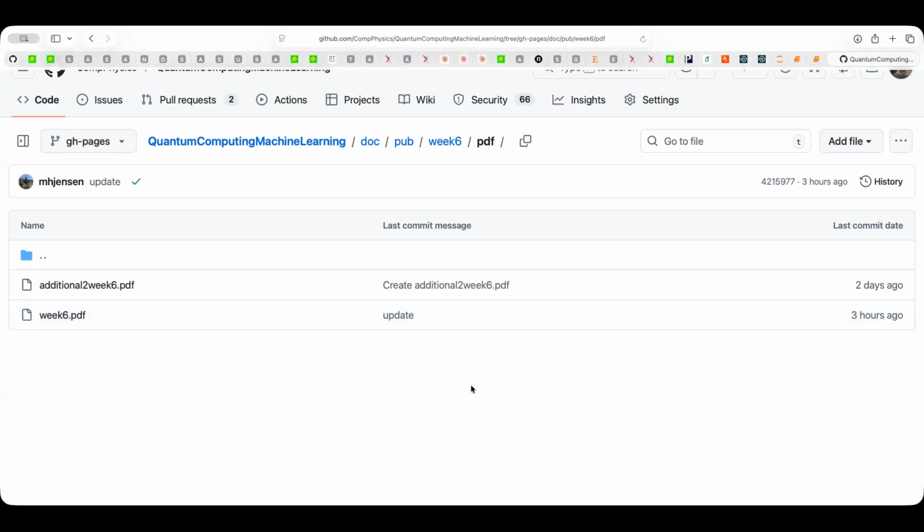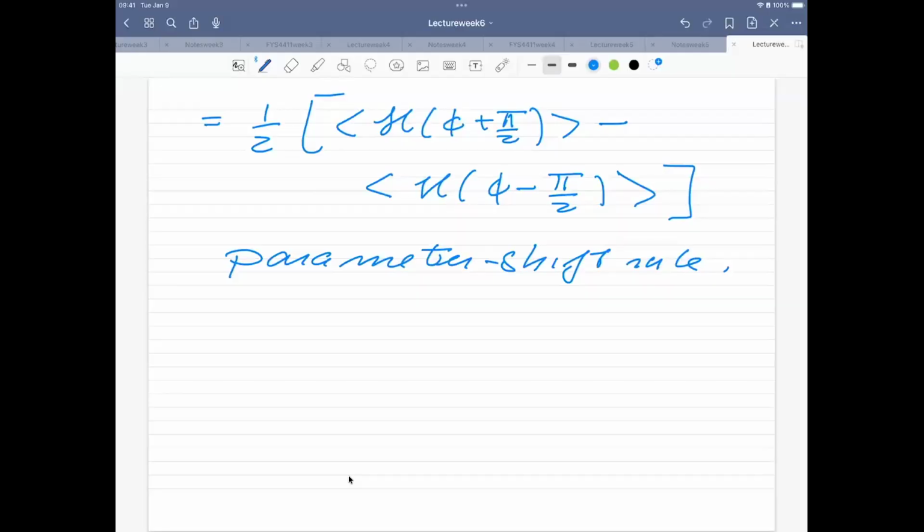Okay, so this was a little bit about the parameter shift rule. So let's bring back the Jupyter notebook. When we have this, we now have the gradients.